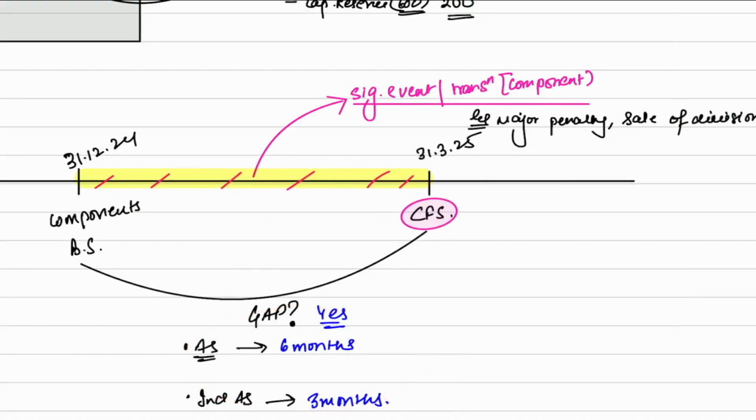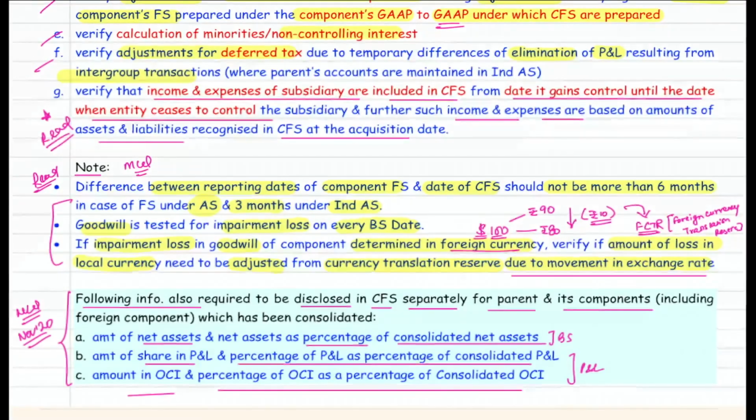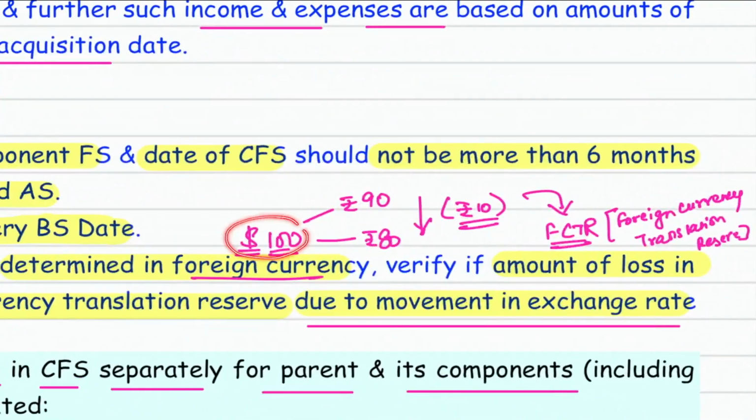Okay sir. And after this, I said goodwill should be tested for impairment loss on every balance sheet date. Lastly, impairment loss in the goodwill when it is determined in foreign currency. Whatever is the loss due to movement in exchange rate should be adjusted from the currency translation reserve. Let's say there is a goodwill of $100. Earlier the dollar was 90 rupees, then it came to 80 rupees.